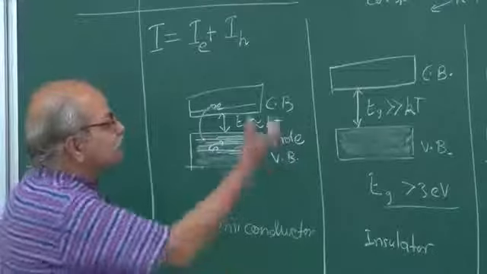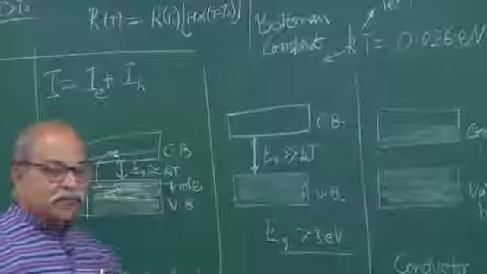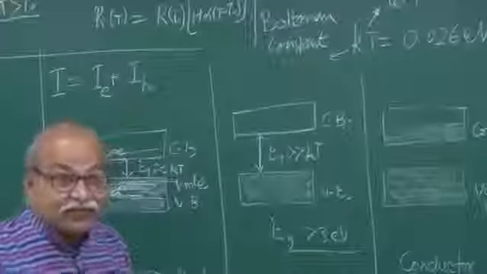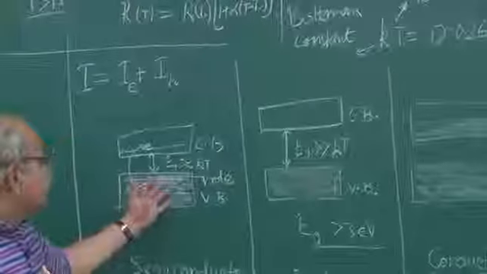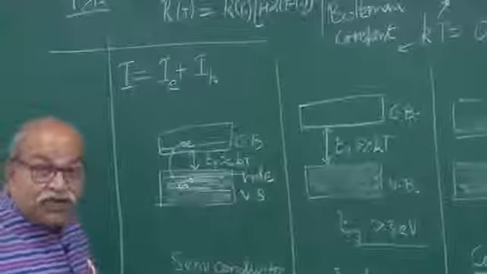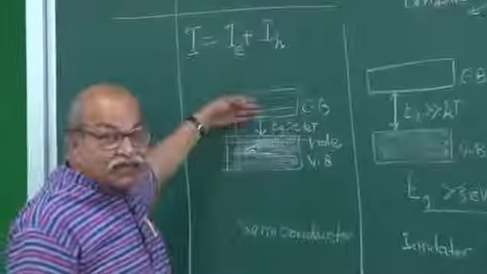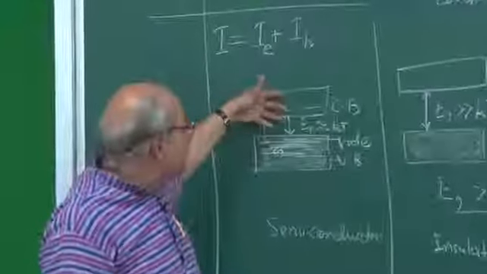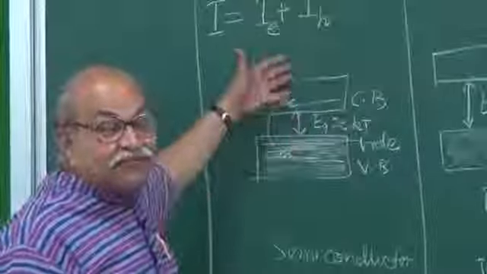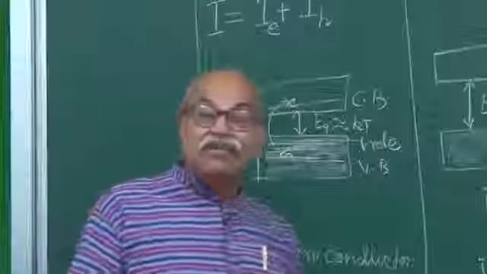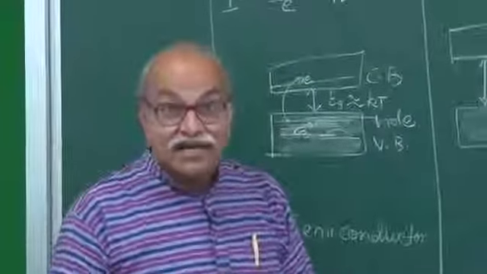So if you have this 26 milli electron volts, and in place of that it becomes 30 milli electron volts, the energy made available to these electrons is now more, so more electrons can jump here, and the number of conduction electrons and the number of holes both can increase. If they increase, the conductivity will go up and the resistance will go down, because you will have more current.